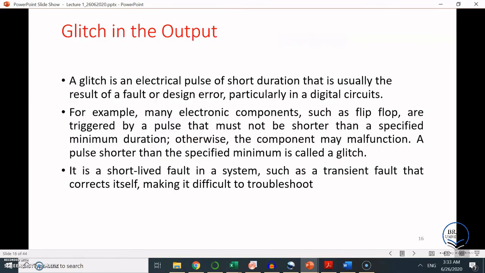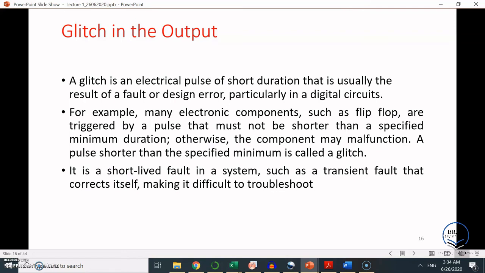Let's go to the next section, a glitch in the output. A glitch is an electrical pulse of short duration that is usually the result of a fault or design error, particularly in digital circuits.